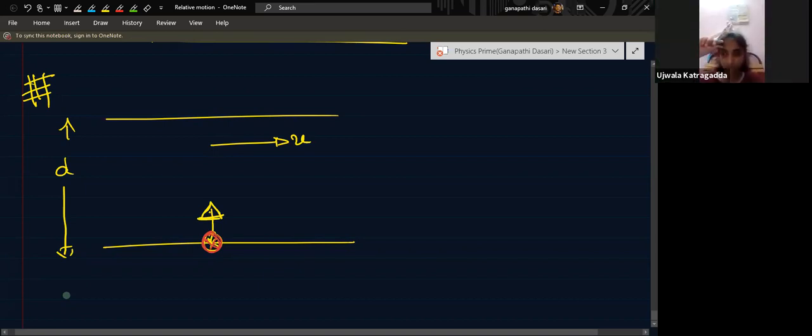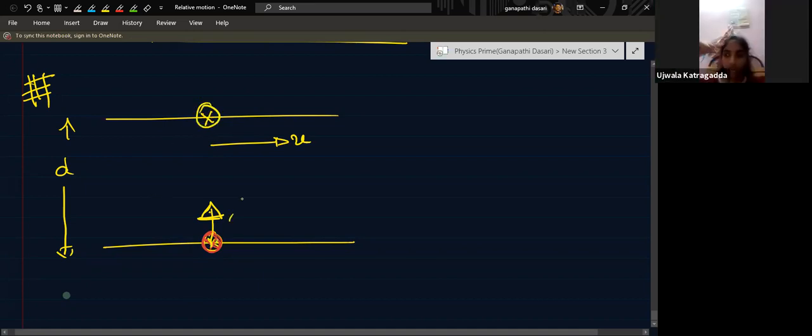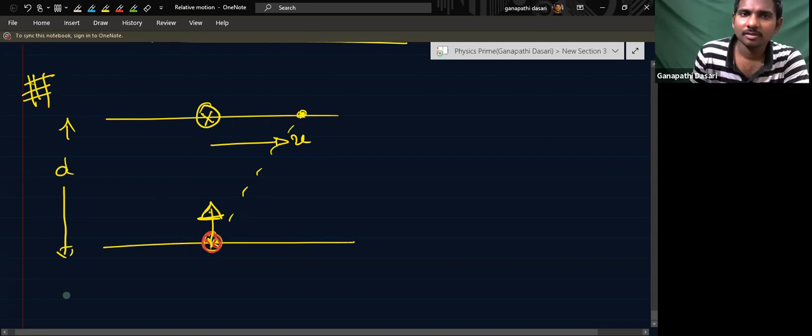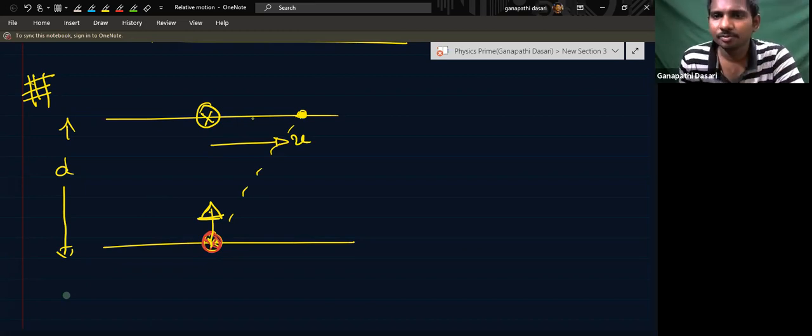Where will he go? Will he go exactly to this point? No, sir. He will go towards you, like this. Varun, are you understanding? This is basic common sense that we generally use outside.